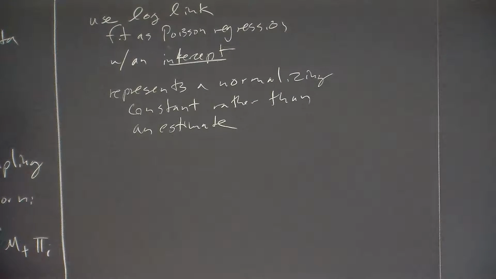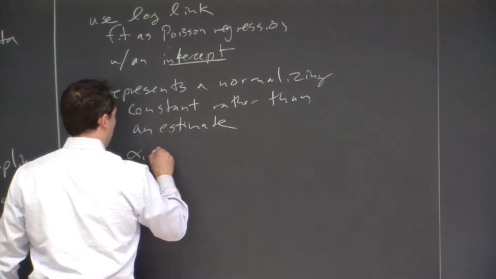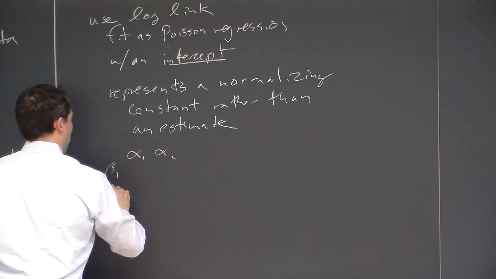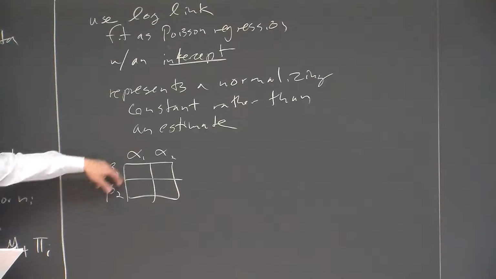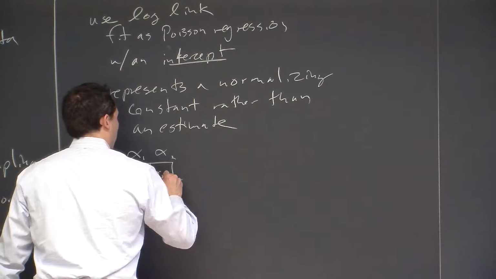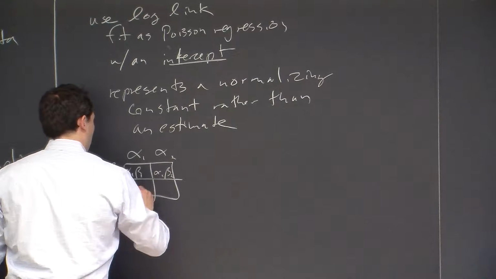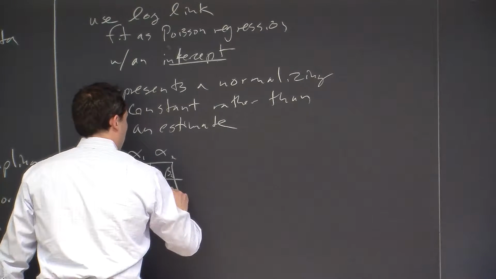Right, so for example, if I think it's multiplicative, if I have a probability model where I have an independence model, alpha 1, alpha 2, beta 1, beta 2, I have alphas and betas, and I assume that here this is alpha 1 beta 1, alpha 2 beta 1, alpha 1 beta 2, and alpha 2 beta 2.